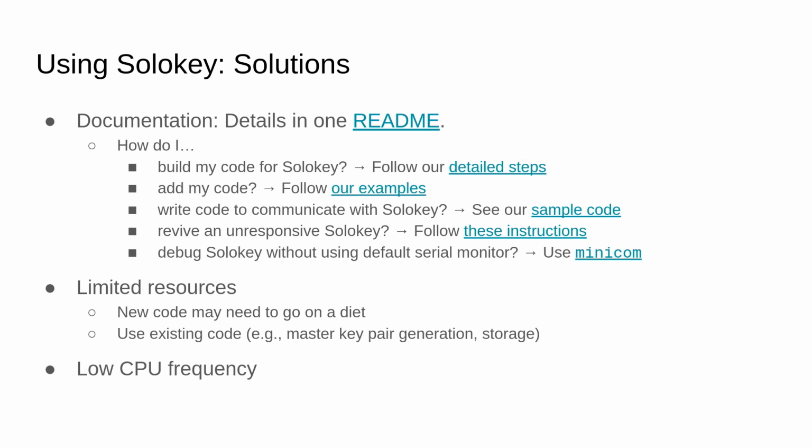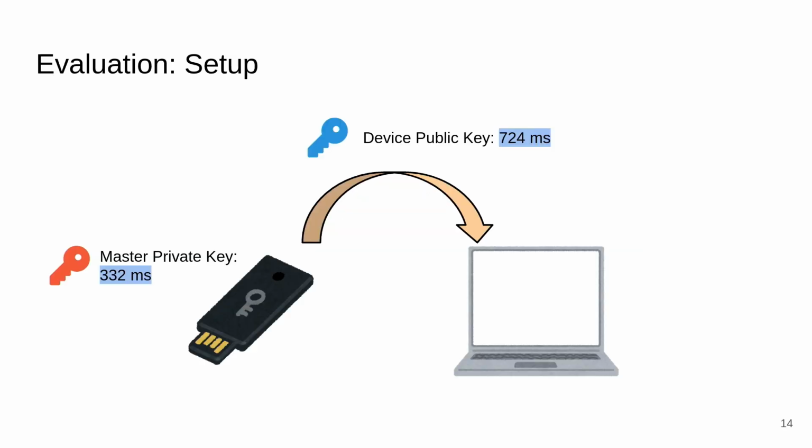The CPU frequency can only be measured through latency, so I'll be talking a little bit about the experiments. The master private key generation is not that slow on the token, about several hundreds of milliseconds. The generation of the device unique public key is also not that slow.